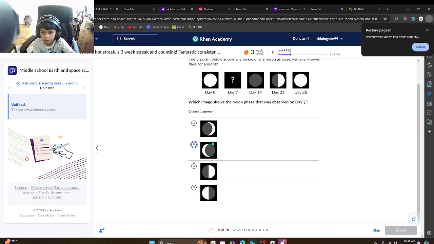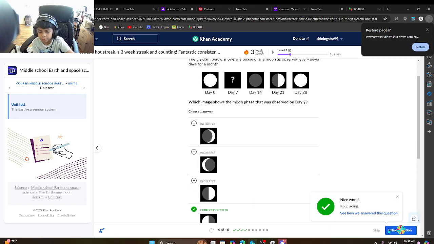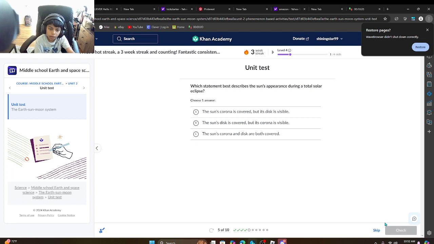Day 7. So I guess they skip that part, so it's this part? Yeah. Which statement best describes the Sun's appearance during a total eclipse? The Sun's disk is covered, but its corona is visible.